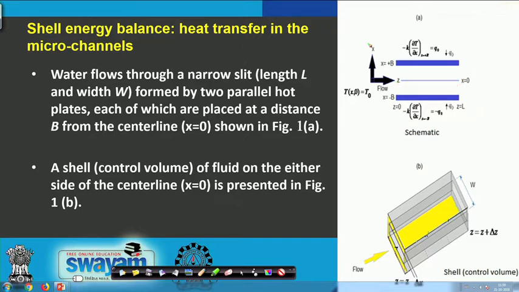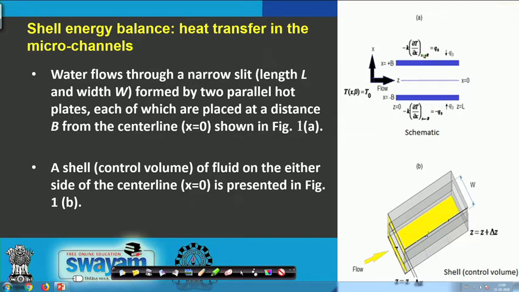As you see, there is flow in the z direction, and there are three boundary conditions: T equal to T0 at z equal to 0, and two boundary conditions for x equal to minus b and x equal to plus b.